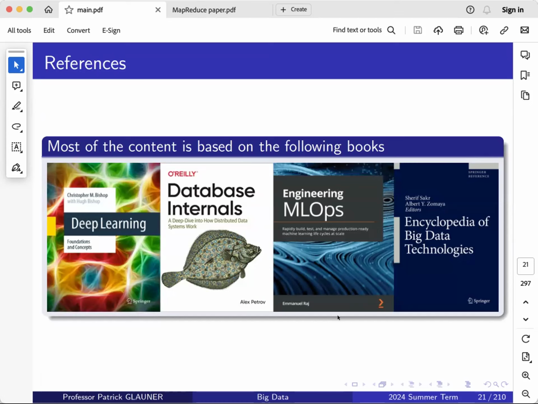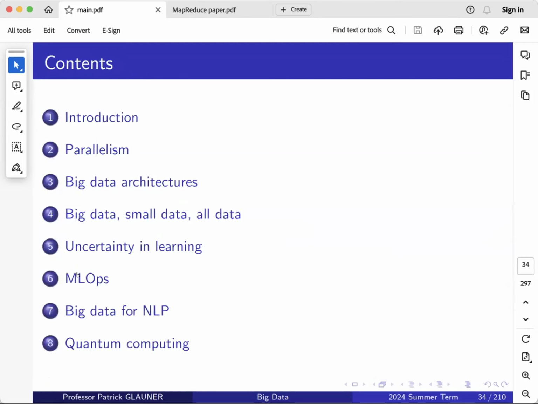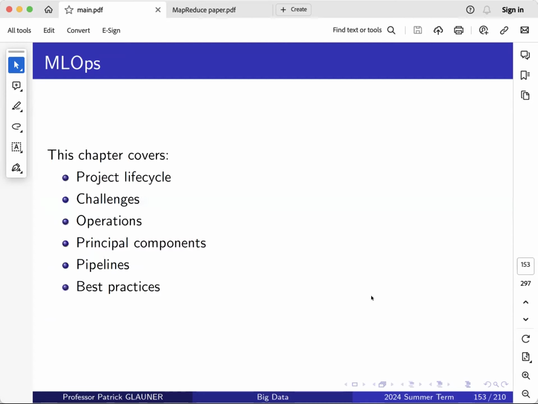So your homework would be to read a little bit about MLOps, either look into this book or look into these two Towards Data Science articles and get a bit of an understanding. Do it until in 2 weeks, because in 2 weeks I will also say more about the seminar presentations. And for the seminar presentations and picking a design pattern, it's good if you have a little bit of an understanding of MLOps, because some design patterns also address MLOps.